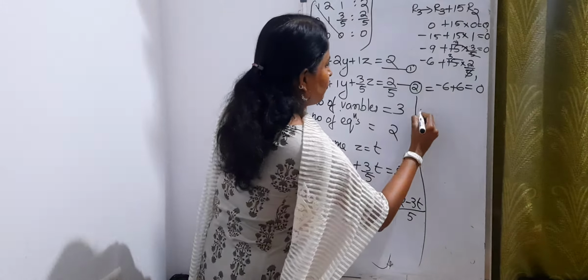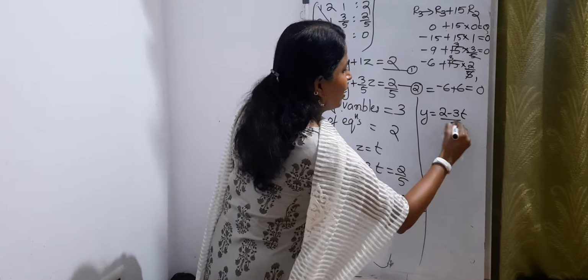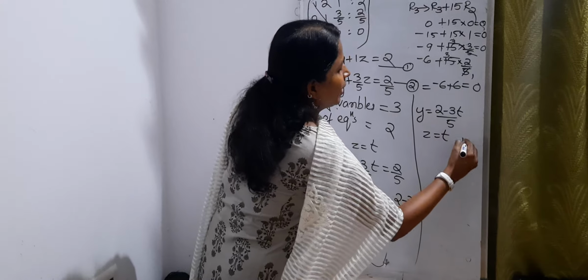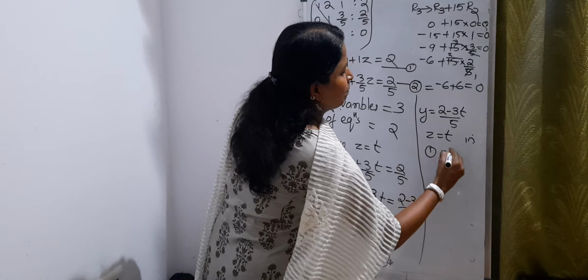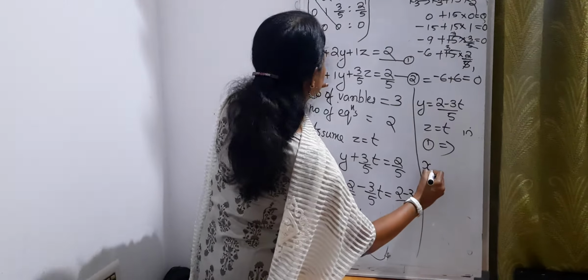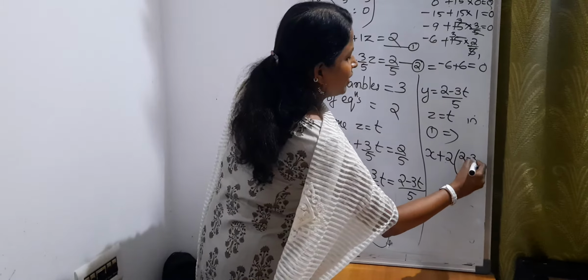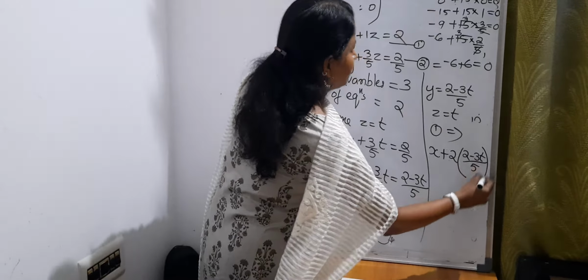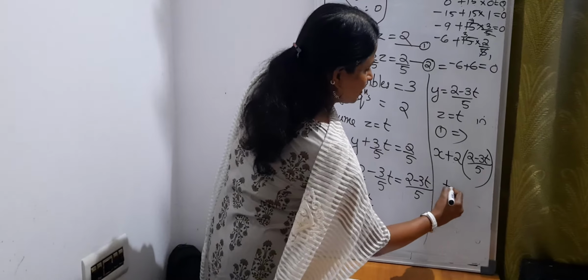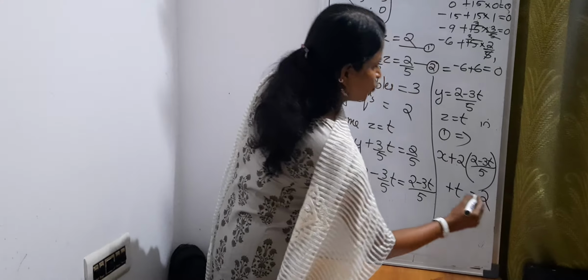Then put y equal to 2 minus 3t by 5 and z equal to t in equation 1. Equation 1 implies x plus 2y plus z, that is plus t, equal to 2.